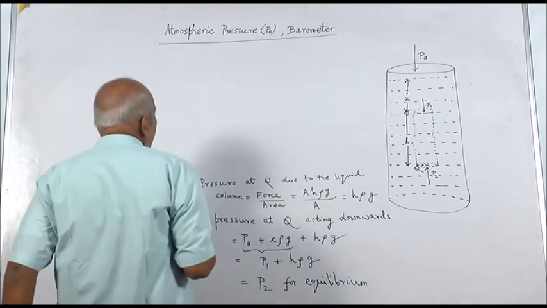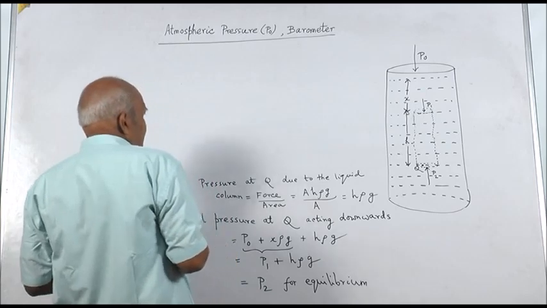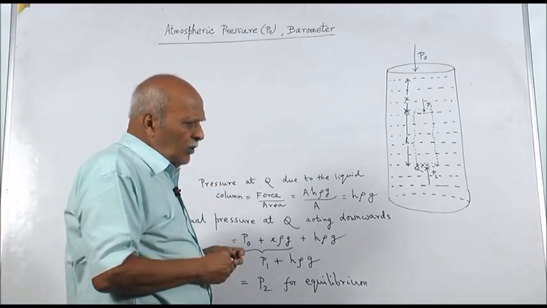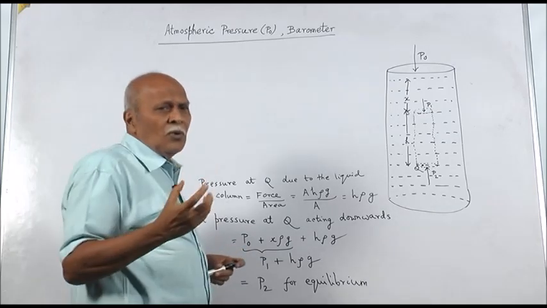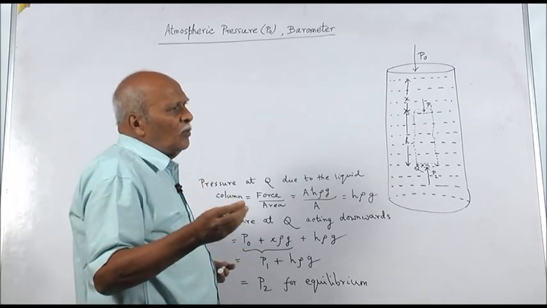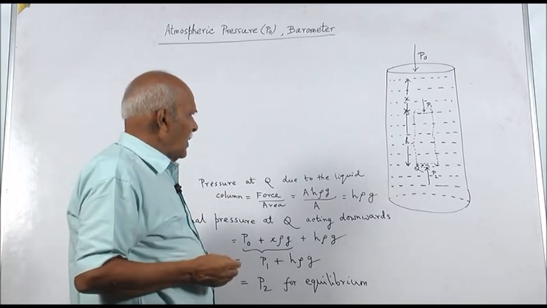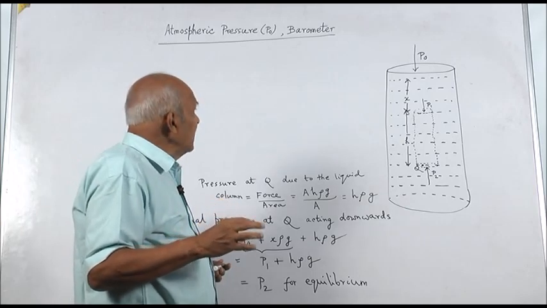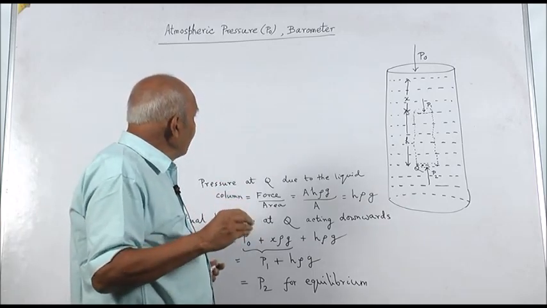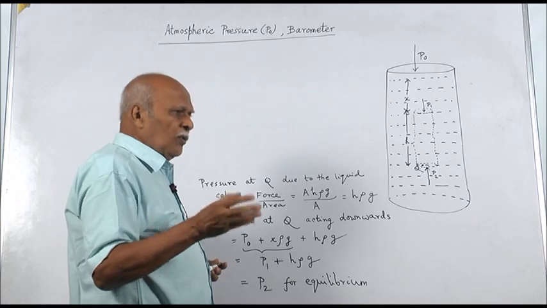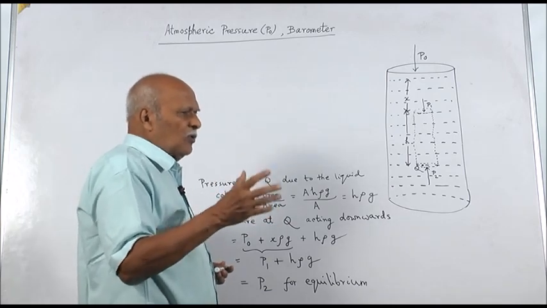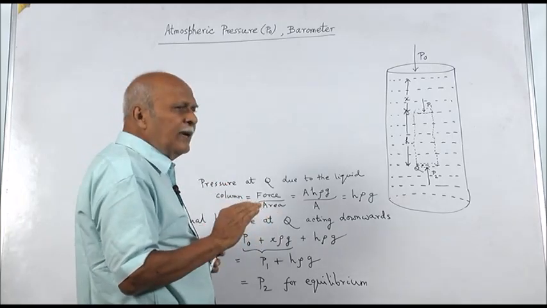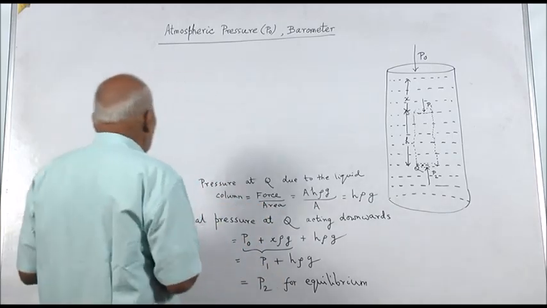So, what he did is, he took a narrow tube like a test tube, whose one end is closed and the other end is open. Then he poured mercury into the tube and made it completely full.